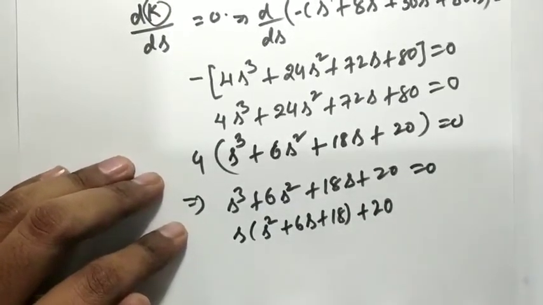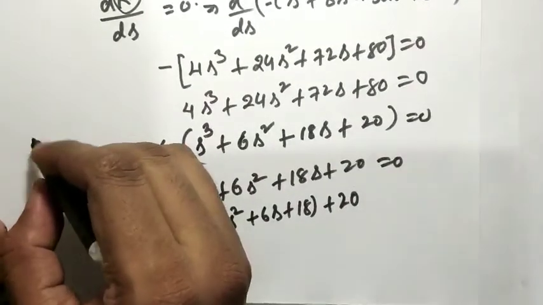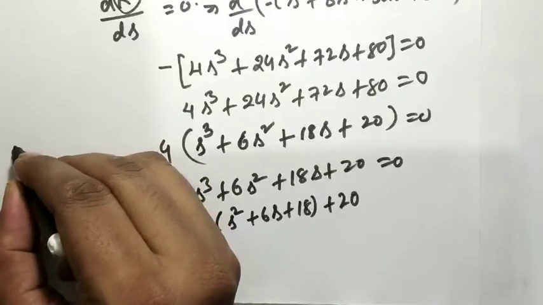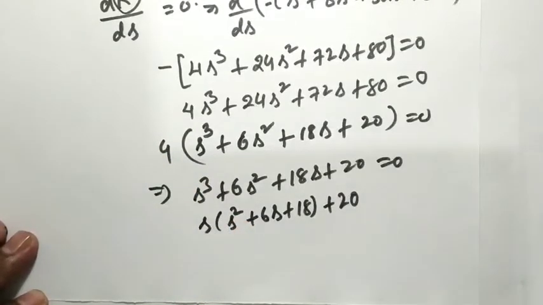So what I'm going to do here now is s cubed, you know that s cubed, so what is the s cubed coefficient? I'm just going to use this method.